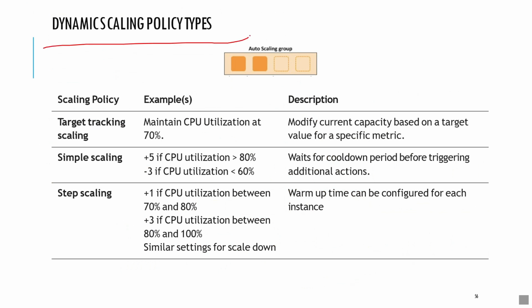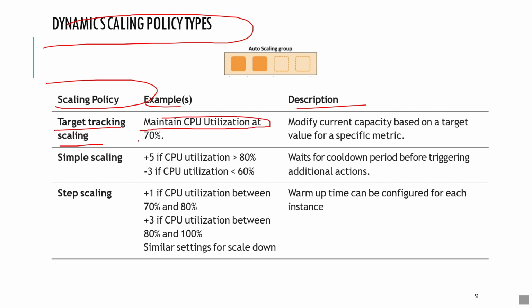So what are the dynamic scaling policies? Scaling policy, example and description. Target tracking scaling: as I said earlier, for example, if we want to maintain CPU utilization at 70%, we can modify our capacity based on the target value for a specific metric. We can modify the CPU usage based on that, and instances increase or decrease.